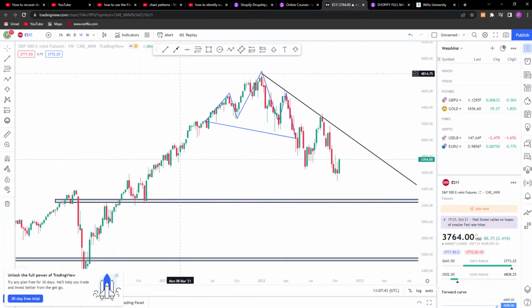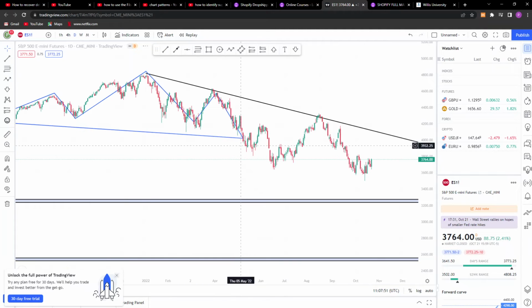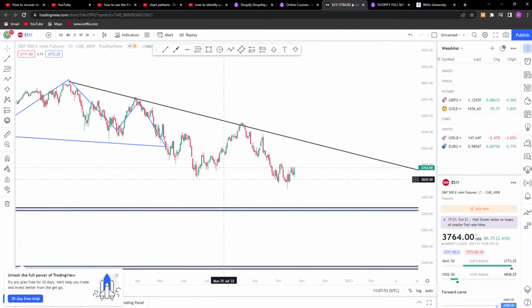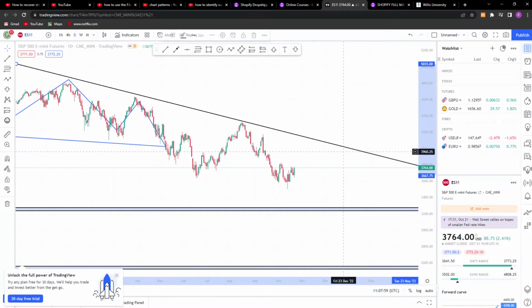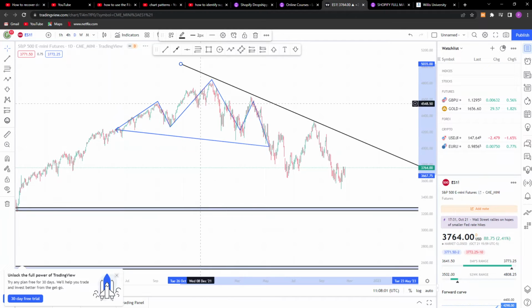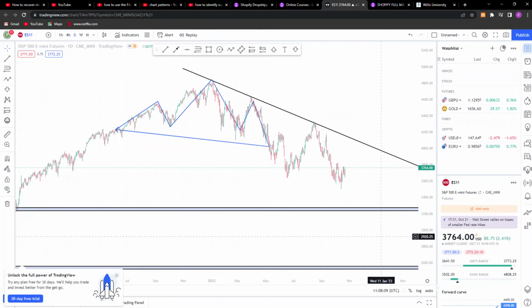Now after you identify your head and shoulder, you want to scale down to lower time frames. Let me adjust this trend line somewhere around here. Okay. Good.